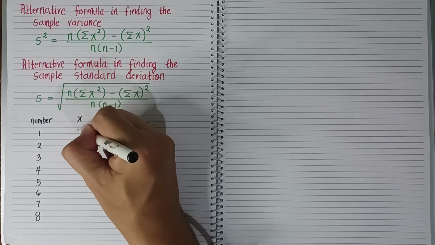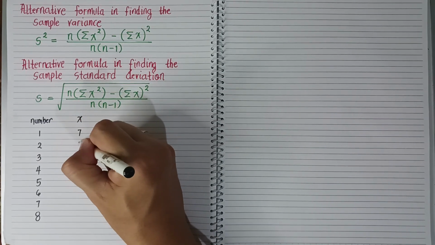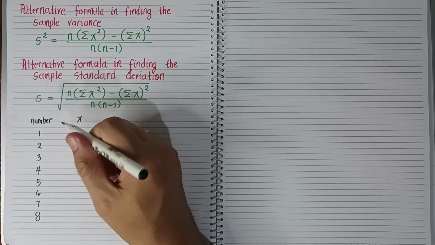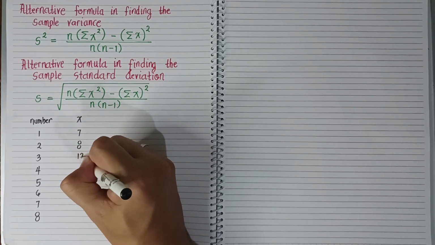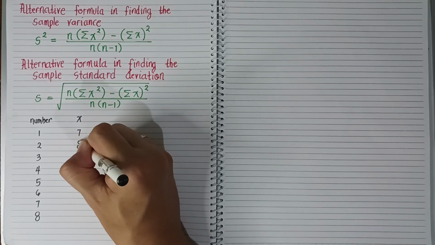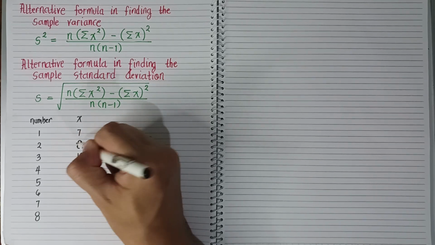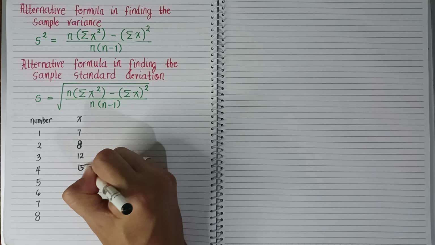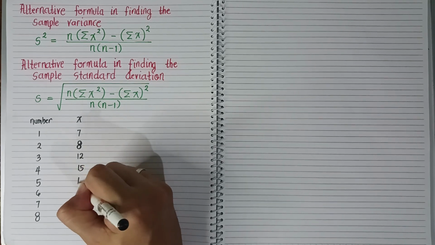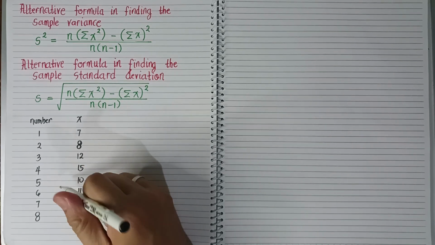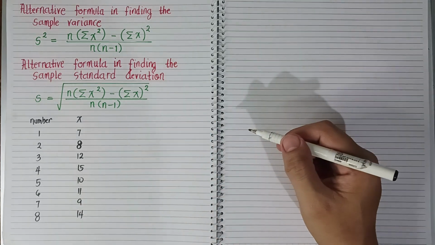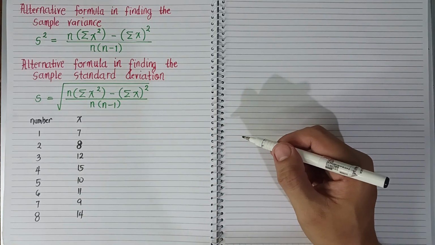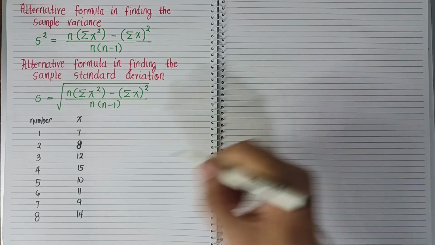So, we have 7, right? Okay. And then, we have 8. Tama? We have 12. Okay. And then, we have 15. 10, 11, 9, and 14. Okay, so guys, ang gagawin lang natin dito, get the summation.